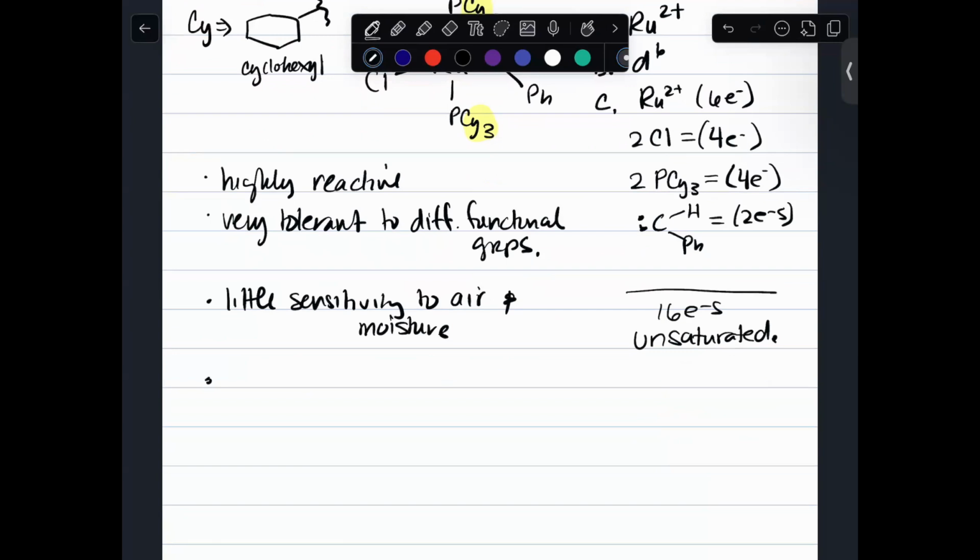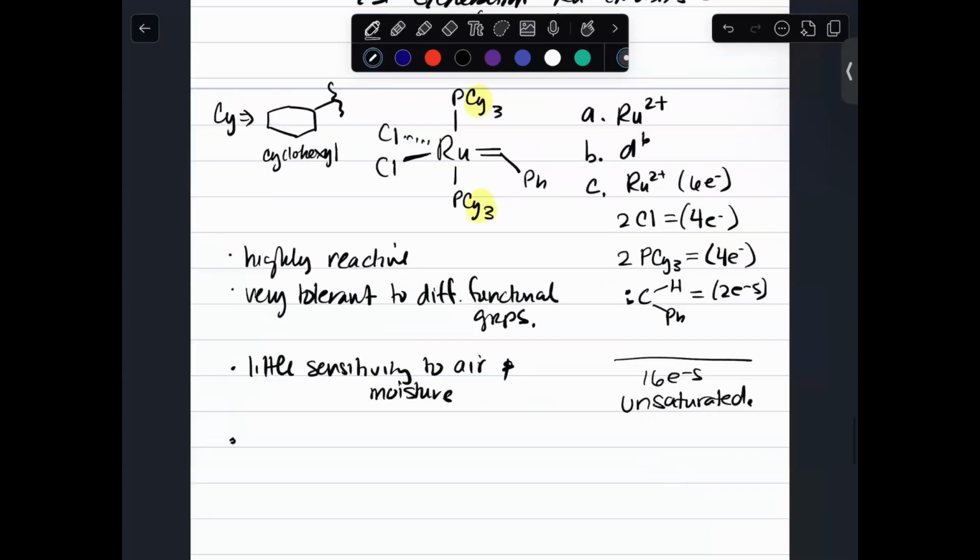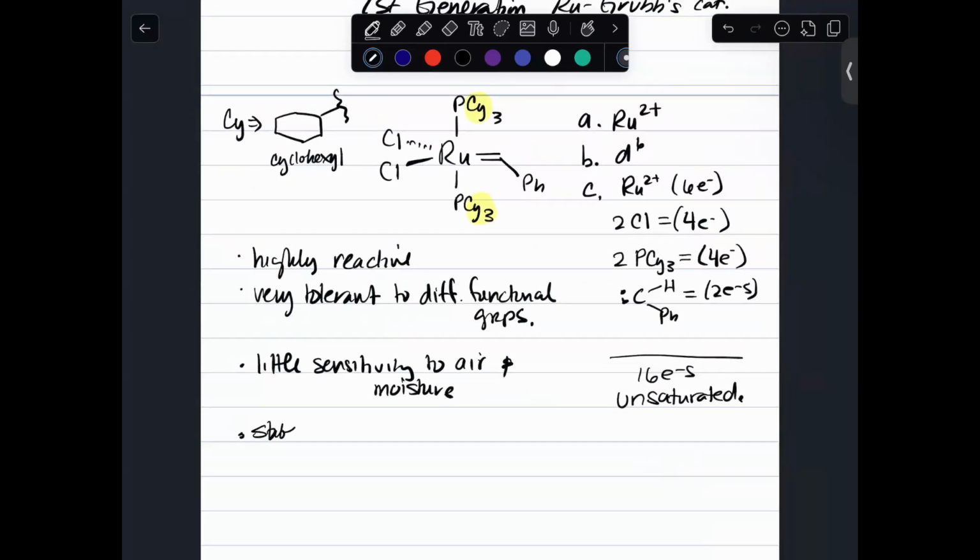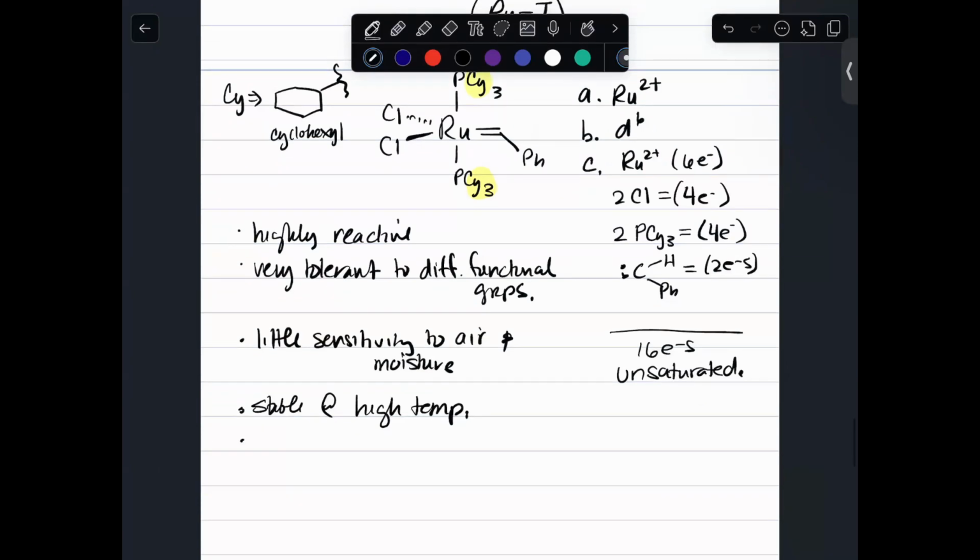It is stable at high temperatures. And it's really not sensitive to any trace impurity. Okay. So it was really easy to work with.